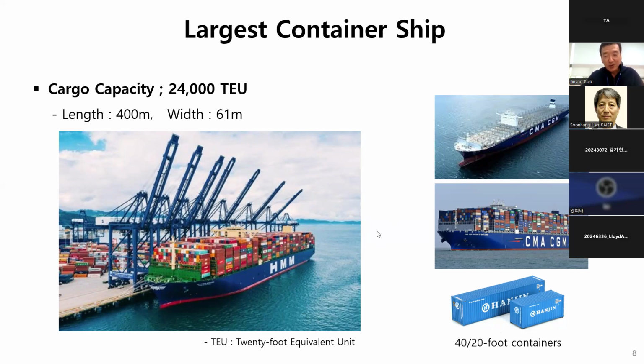So the largest container ship looks like this. It carries 24,000 container boxes of these 20-foot containers. It carries a tremendously large number of containers. More than 50% of the container boxes are stacked over the upper deck, as you can see from this photo.